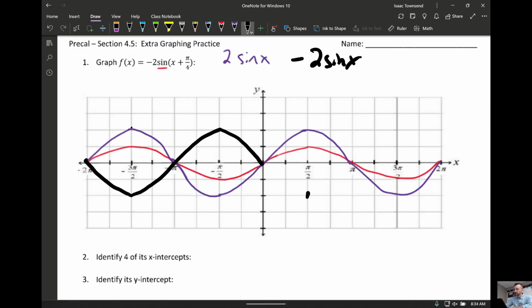Anything on the x-axis stays on the x-axis. This point flips over. So in black, I've got -2 sine x. And this is where it helps if you make those first few steps kind of light. You don't want to have too much going on in your graph that you confuse yourself.